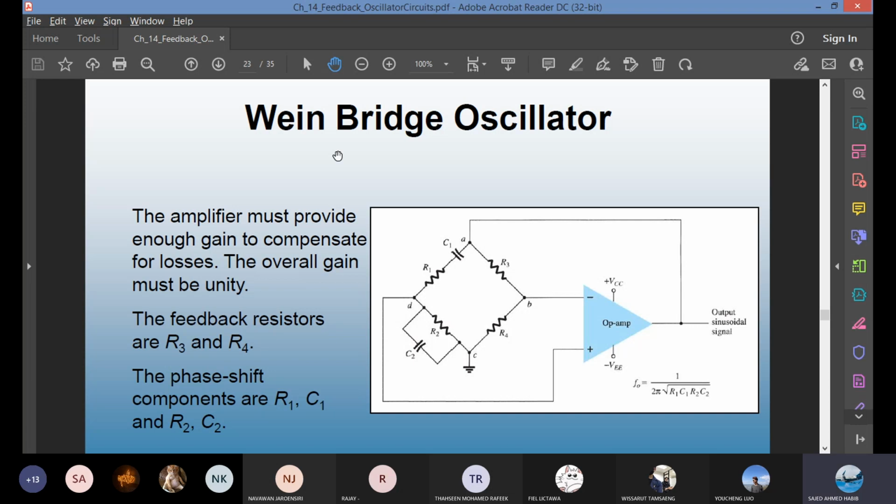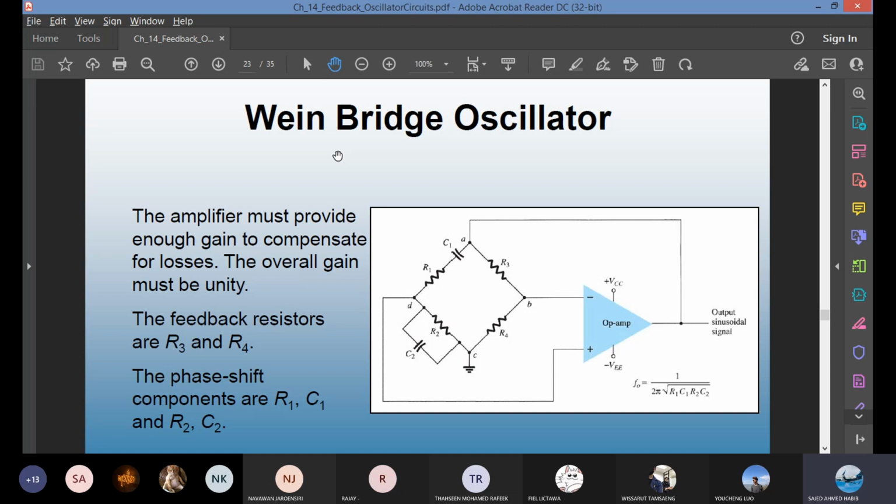But which of them? You see there are 4 resistors, R1, R2, R3, and R4. The resistors R1 and R2 and their associated capacitors C1 and C2, they are the frequency adjustment elements.